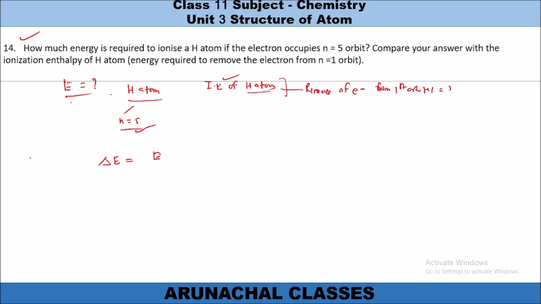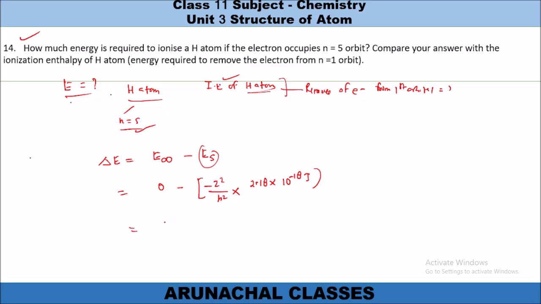It will be energy in case of infinity minus energy in case of fifth orbit. So energy in case of infinity will be 0 minus, then the energy we have to find in case of fifth orbit will be minus Z square upon n square into 2.18 multiplied with 10 power minus 18 joule. That is the relationship we have to remember.